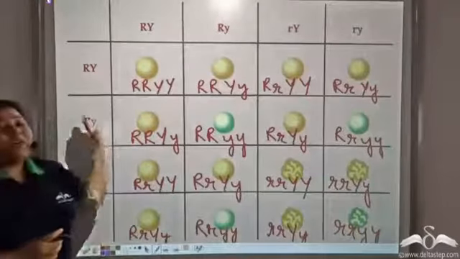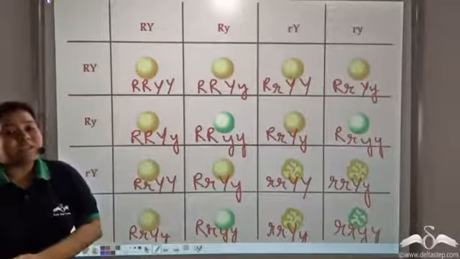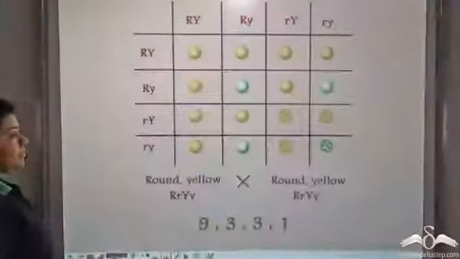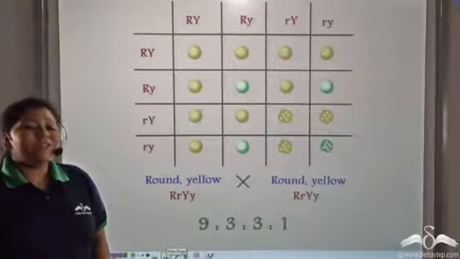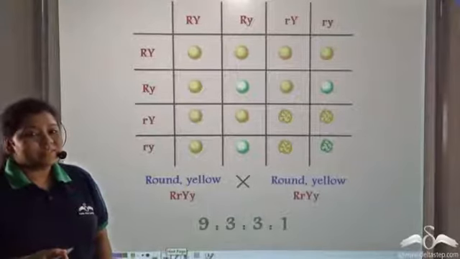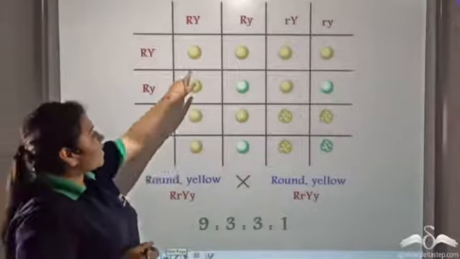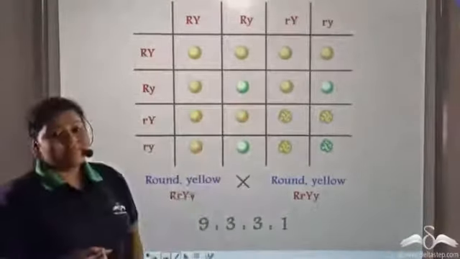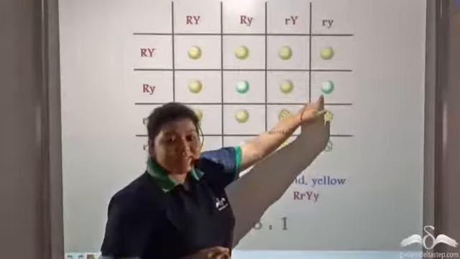So these are all the possible genotypes that can arise in offspring of the second generation. Now let us try and find out the phenotypic ratio. See, there are 9 yellow and round seeds. There are 3 green and round seeds.